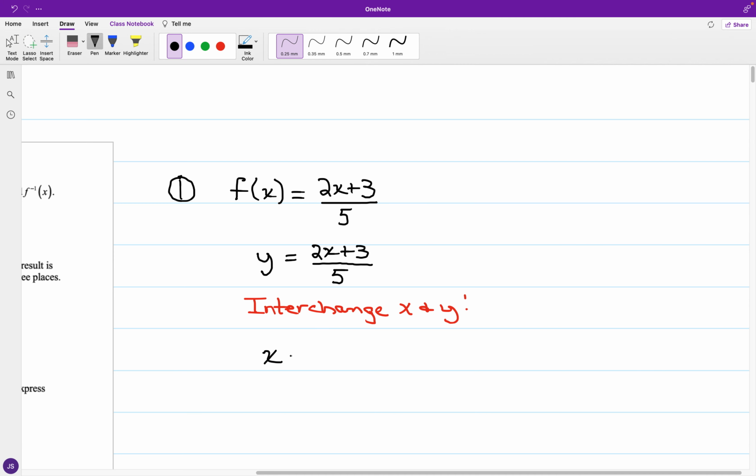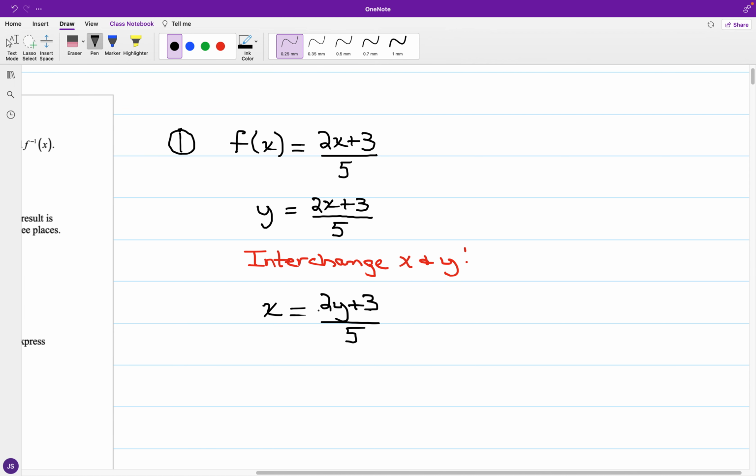And so at the moment we have x is equal to (2y plus 3) all over 5. After the interchange we're looking at solving for y, where that y is going to represent the inverse.